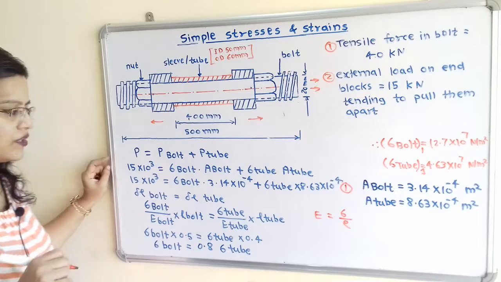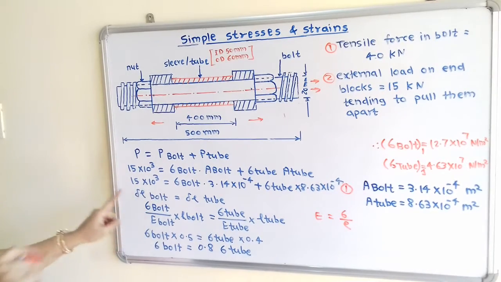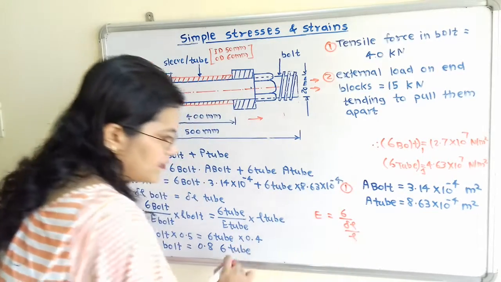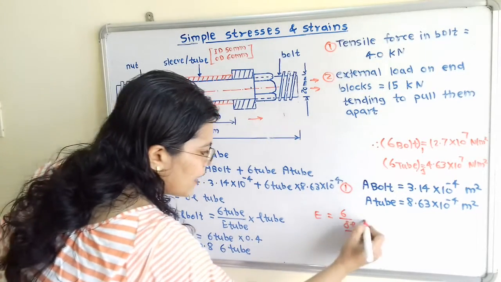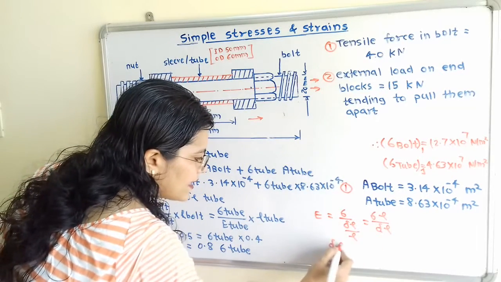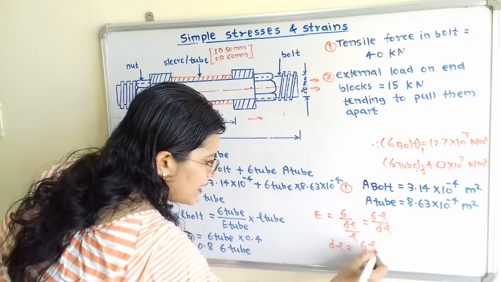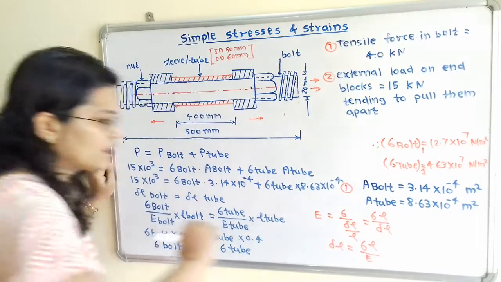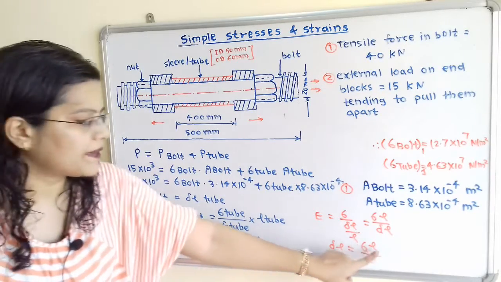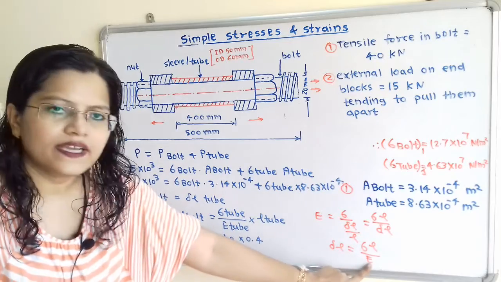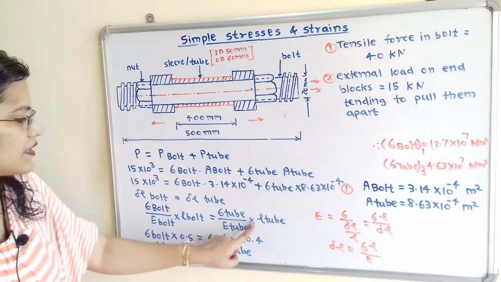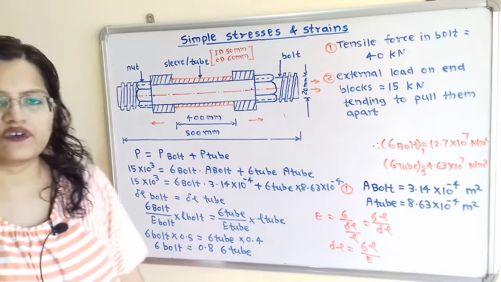So strain is equal to delta L divided by L. So I will write here sigma multiplied by L by delta L. So delta L is equal to sigma L divided by E. So delta L in the bolt, we will write sigma bolt multiplied by length of the bolt divided by E of the bolt, that is Young's modulus of the bolt, is equal to sigma tube multiplied by length of the tube divided by E of the tube.